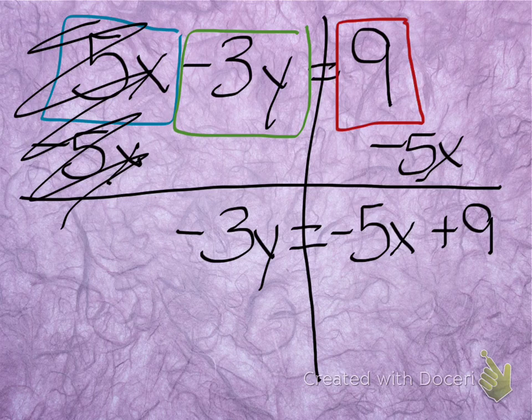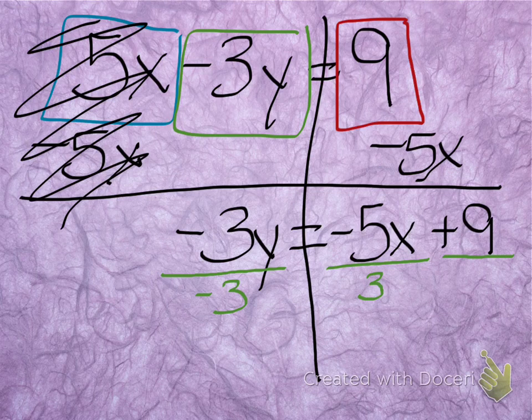So now I don't have any extra terms left on my left-hand side, but I do still have a coefficient. And if my directions told me to get y totally by itself, then that means I do need to undo that coefficient. So what is the opposite of multiplying something by -3? Dividing it by -3. And when we divide it by itself, that leaves us with a coefficient of 1, so y is alone.